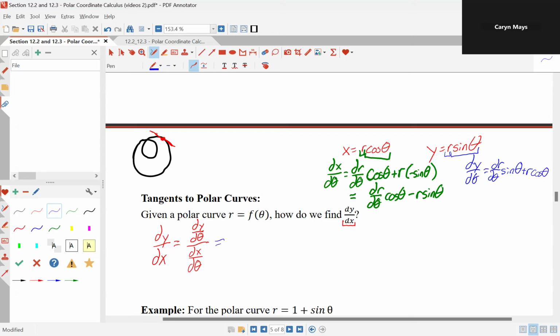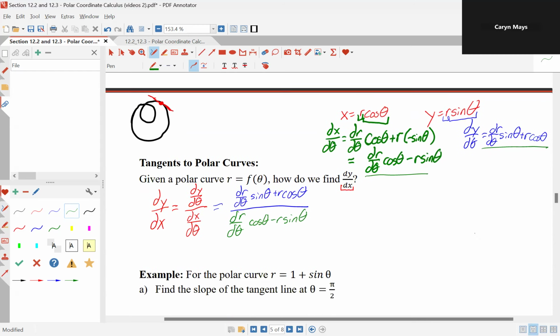Filling those in, we get a formula that if we want to find dy dx, we're going to be finding dr d theta sine theta plus r cosine theta over dr d theta cosine theta minus r sine theta, using our two expressions from taking the derivatives of x and y.